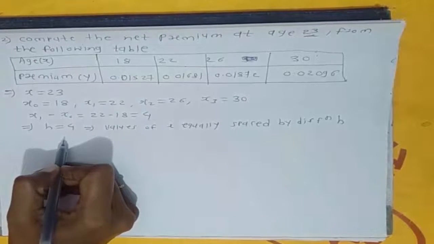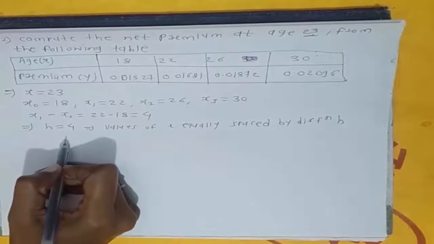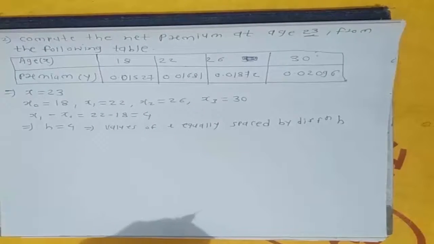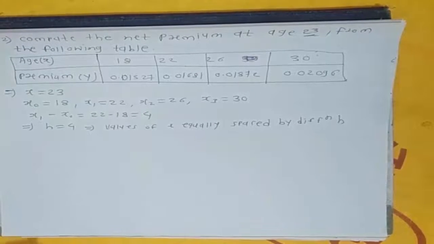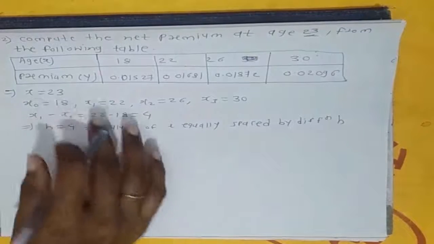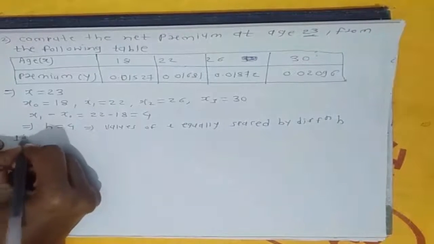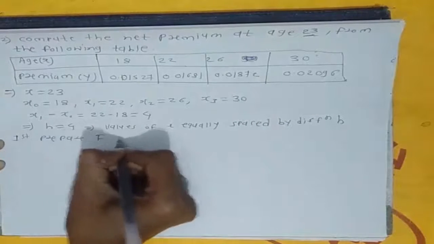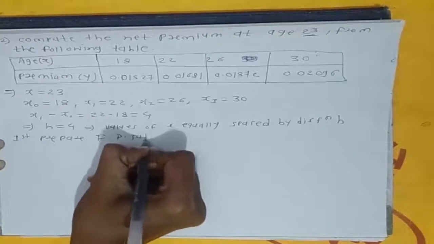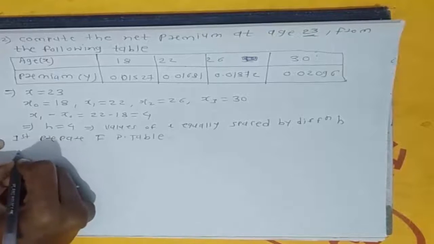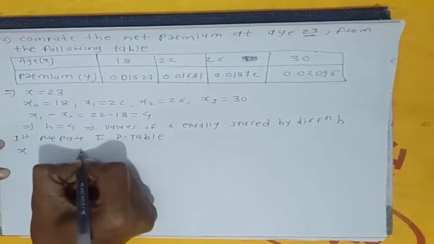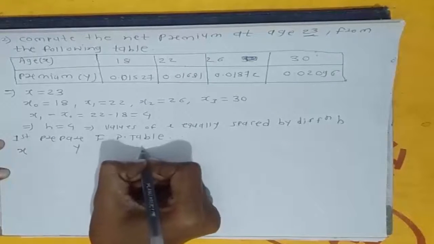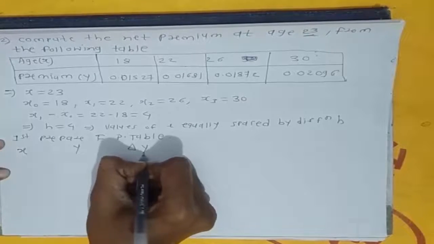Okay, then first we prepare the forward difference table for this given data, that is for the given values of x and y. Okay, so we write first column x, then y, that is premium, then we have to get delta y.